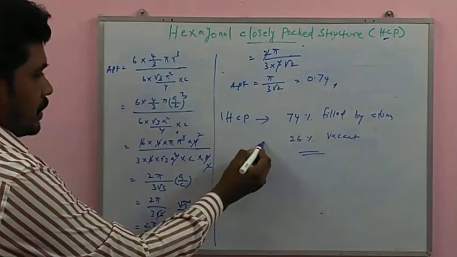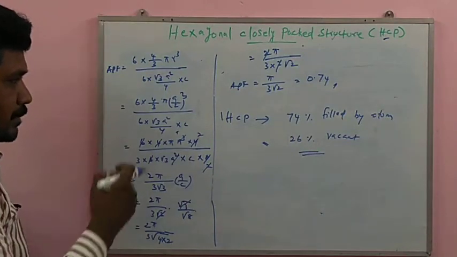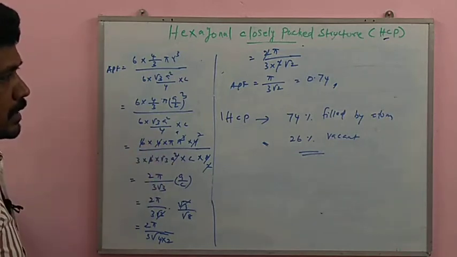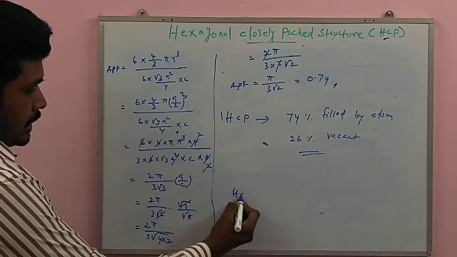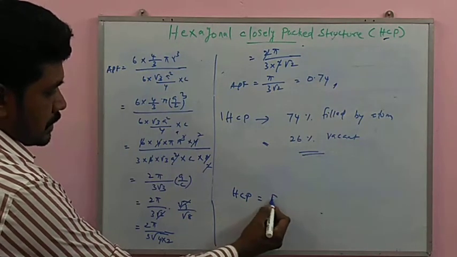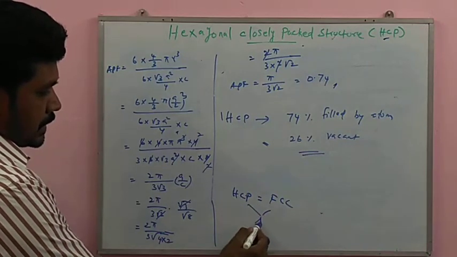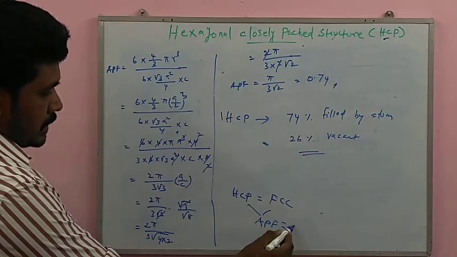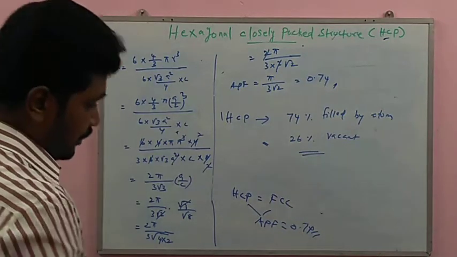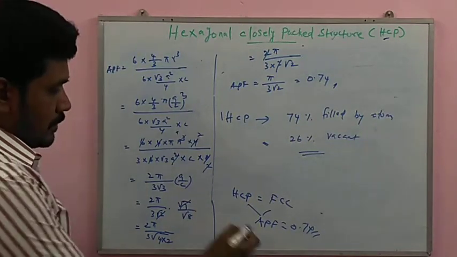That is the structure of HCP. Now in this case we discuss two structures, HCP and face centered cubic. Both are close packed structures, and the atomic packing factor result is 0.74. That is, 74% of the unit cell is occupied by atoms and the remaining 26% of places are vacant. Understand?